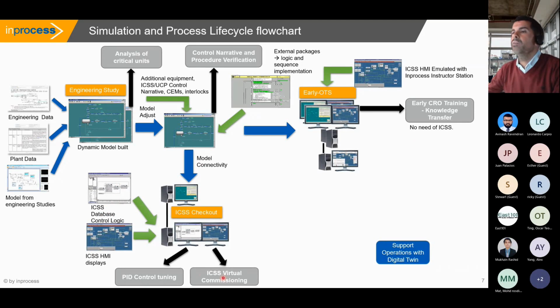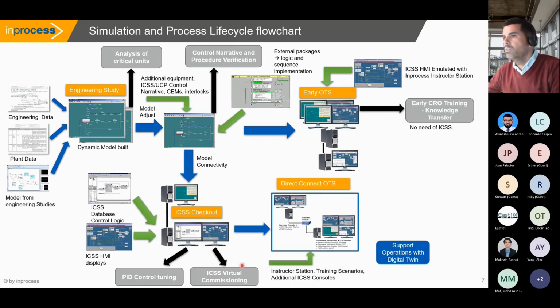We are doing the first ICSS virtual commissioning of all those databases, but instead of facing this for the first time during the real facility commissioning, we are performing this against the dynamic model that we have built, and we perform the complete ICSS checkout of all those databases, right?